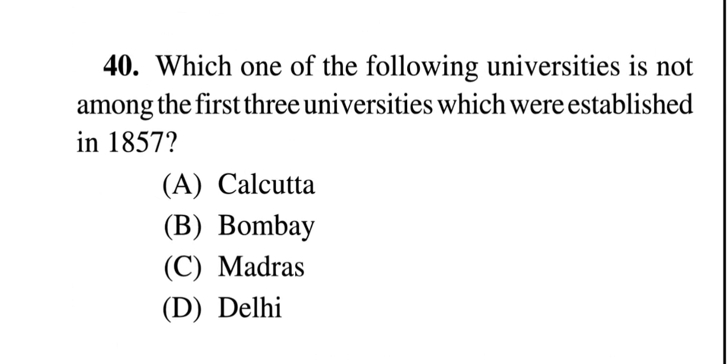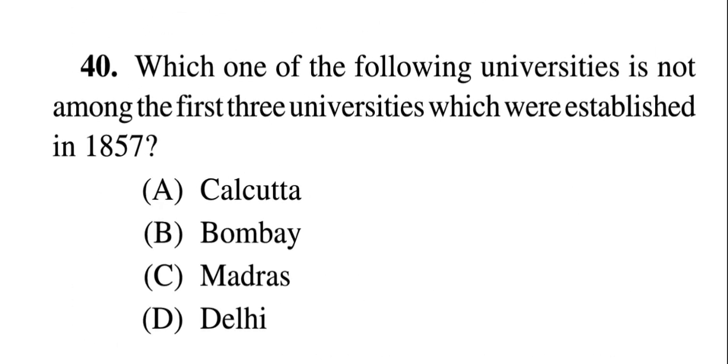Let's move to next question. It asks, which one of the following universities is not among the first three universities which were established in 1857? So you have to also study about higher education in India, how it was developed during the time of British and how it evolved after India's independence. What was the first central university, what was the second, third, and like this.